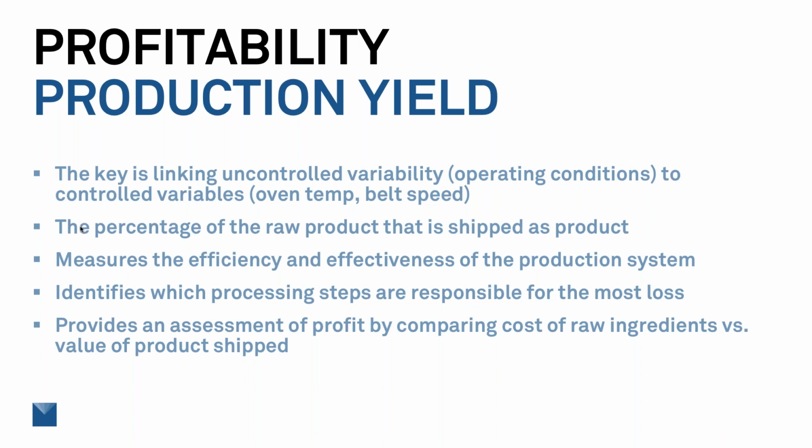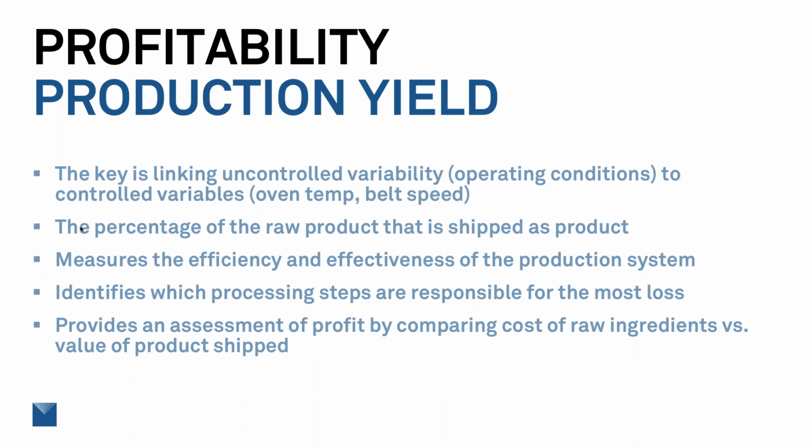And so when we talk about yield, at its most simple, what we're talking about is what percentage of what you start with in terms of your raw product, including all ingredients that go into a lot of a product that's going to be made, is actually shipped out as finished product. Because, of course, the revenue comes from the product that's shipped out, which is typically sold on a weight basis.